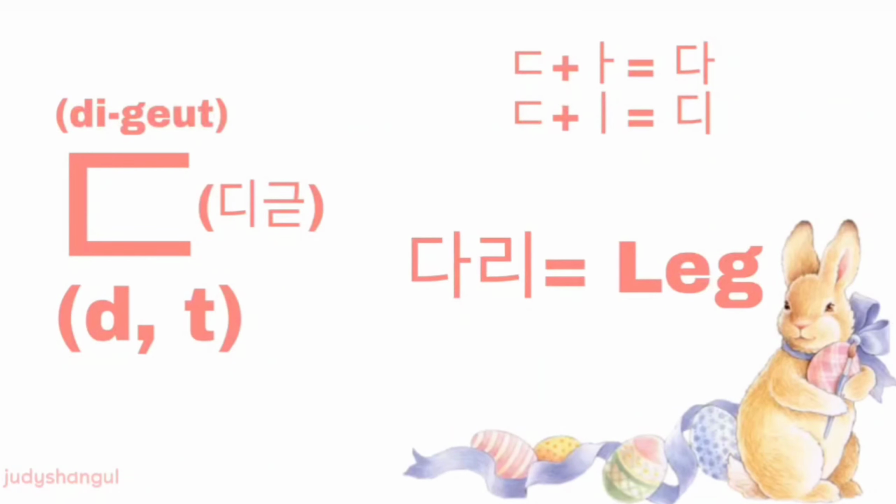It sounds more like between D and T. Digeut plus a, ta. Digeut plus i, ti. Tari, leg.